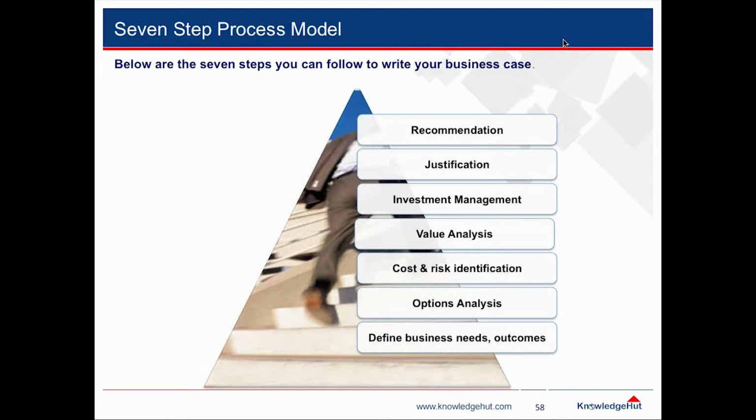There should be an element around defining the business needs and outcomes, the analysis of options, important, the cost and risk identification, the value analysis, investment and how to manage it, justification and recommendations. Let's look at these different steps in more detail.